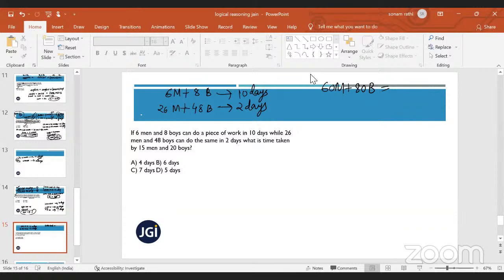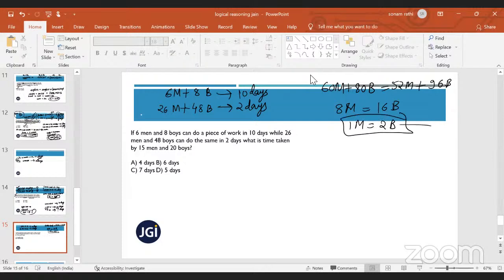So 26 into 2, 52, plus 48 into 2, 96 boys. Okay, so this will become 8 men is equal to 16 boys. 1 man is equal to 2 boys.